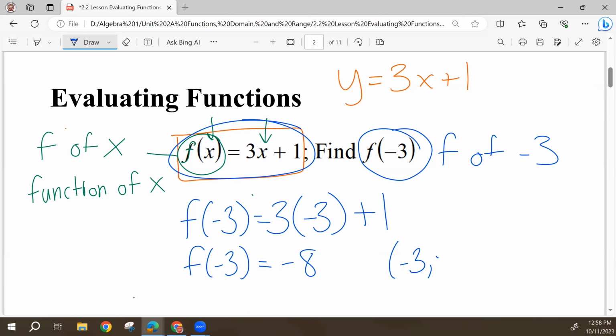The number I get out is a y. If you remember in the last lesson, we had sets of points that we talked about as relations and functions. A line that we graph, or any line in the coordinate plane, is just a set of points. And when we talk about it in terms of functions, the number we plug in is the x value. The number we get out is the y value.